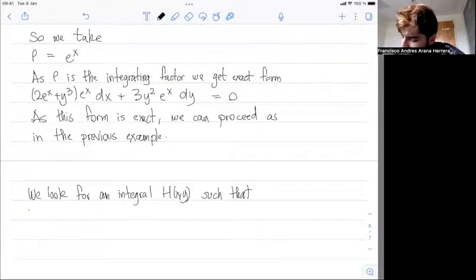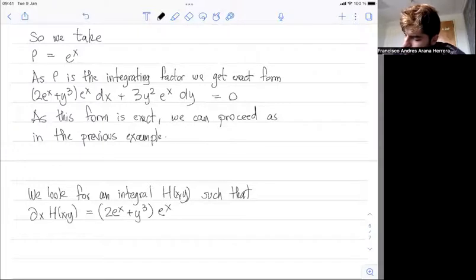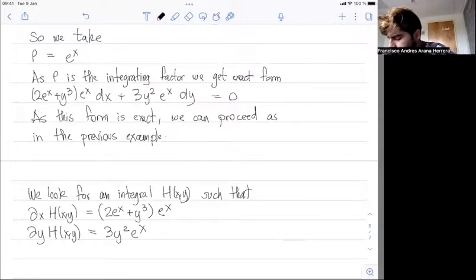That means that the partial of H with respect to x is equal to M(x,y), so that's just 2 e to the x plus y cubed e to the x. And we also want the partial of H with respect to y to be equal to N(x,y), so to be equal to 3y squared e to the x.